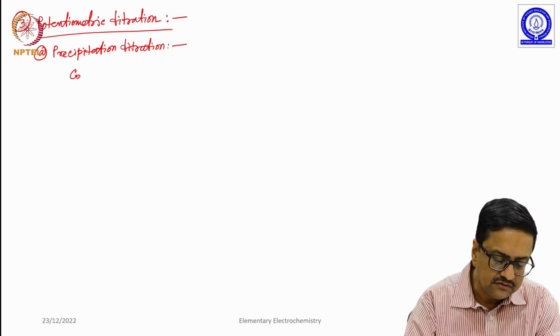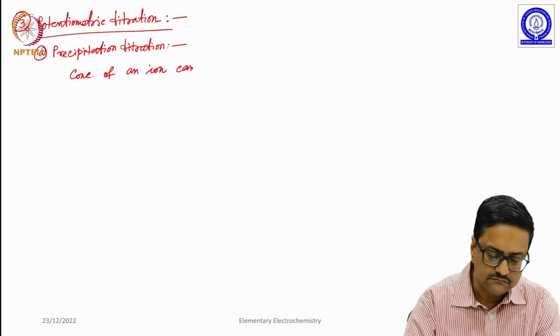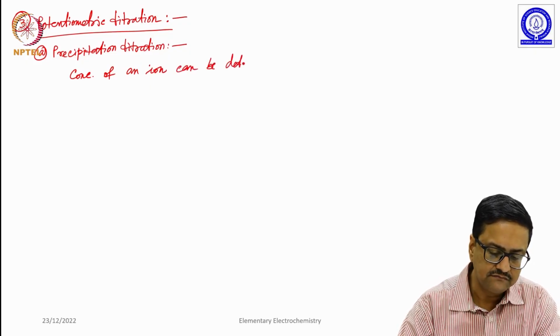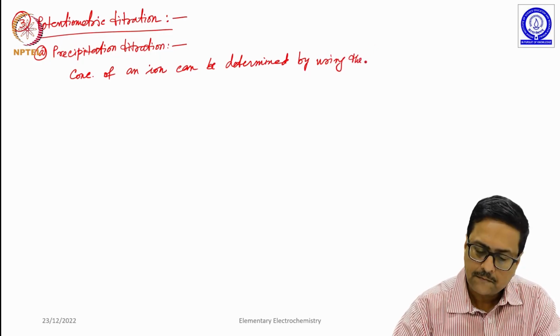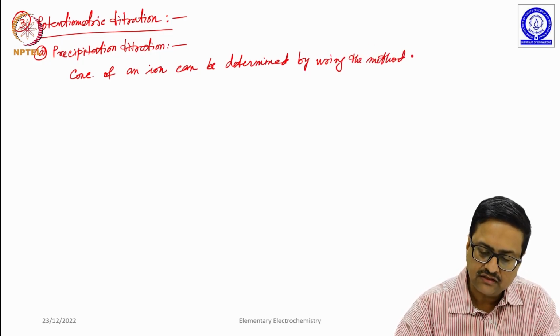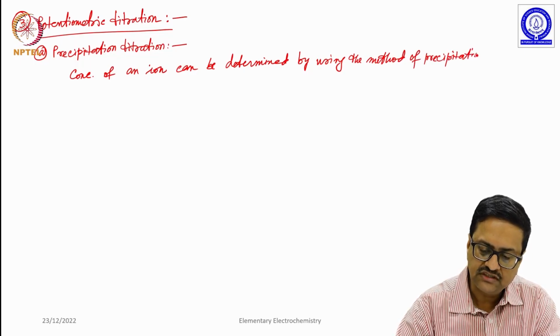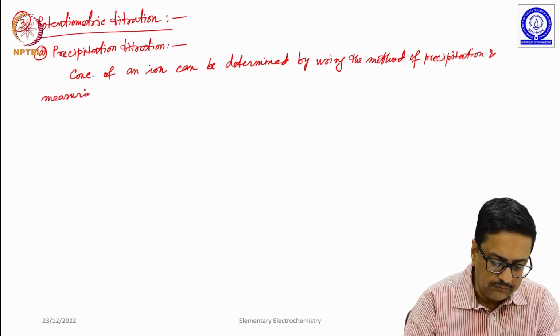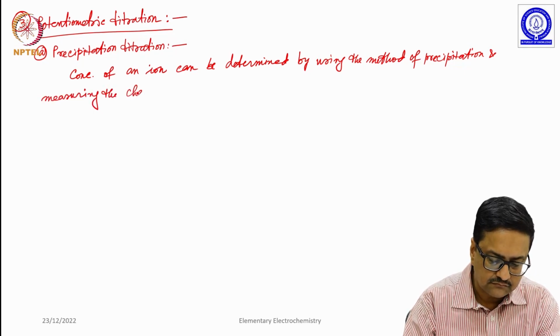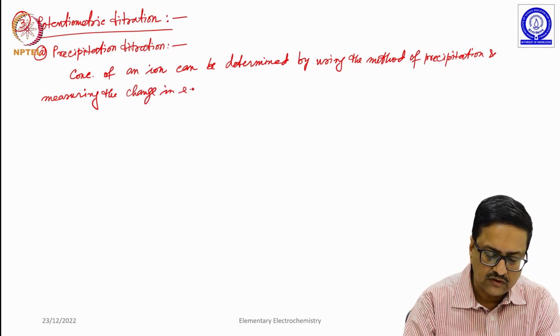So, here the concentration of an ion can be determined by using the method of precipitation and measuring the change in EMF of a cell.